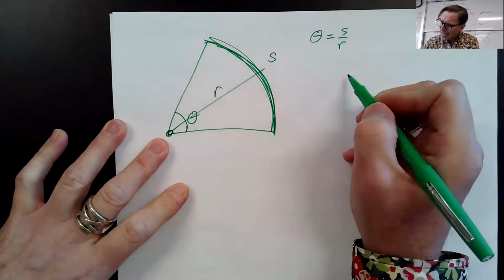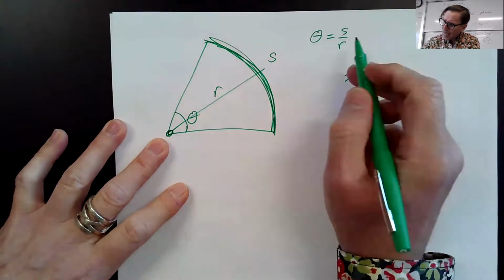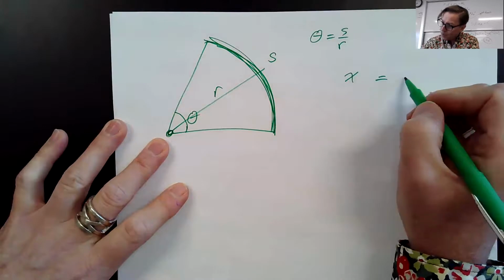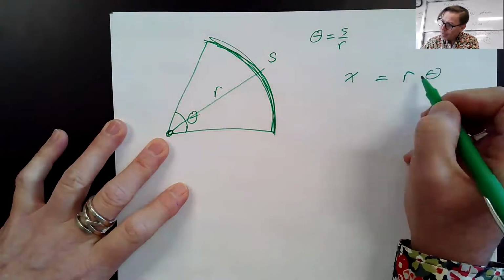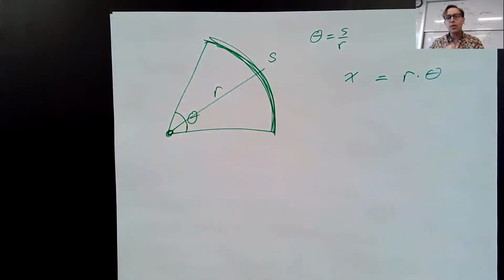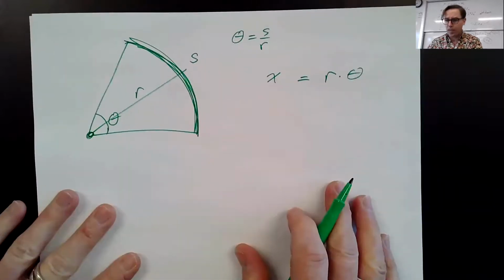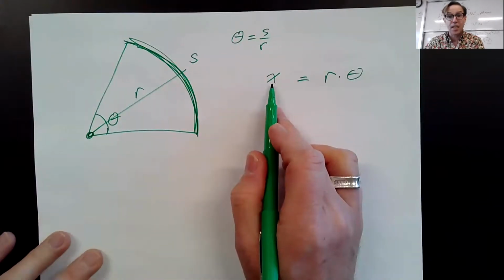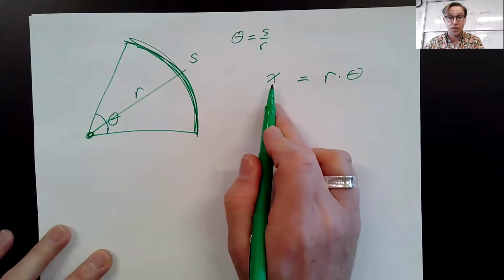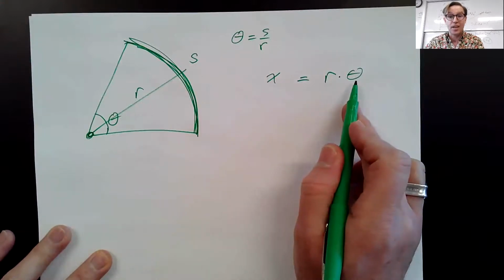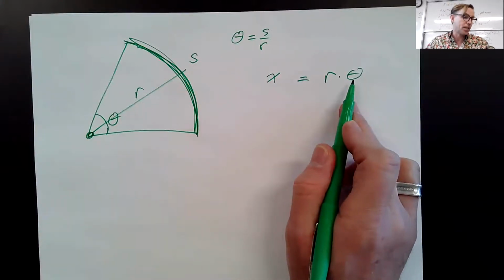Let's write x instead. And S or x equals R times theta. So there is a mathematical relationship between the linear distance traveled and the angular quantity, angular displacement.